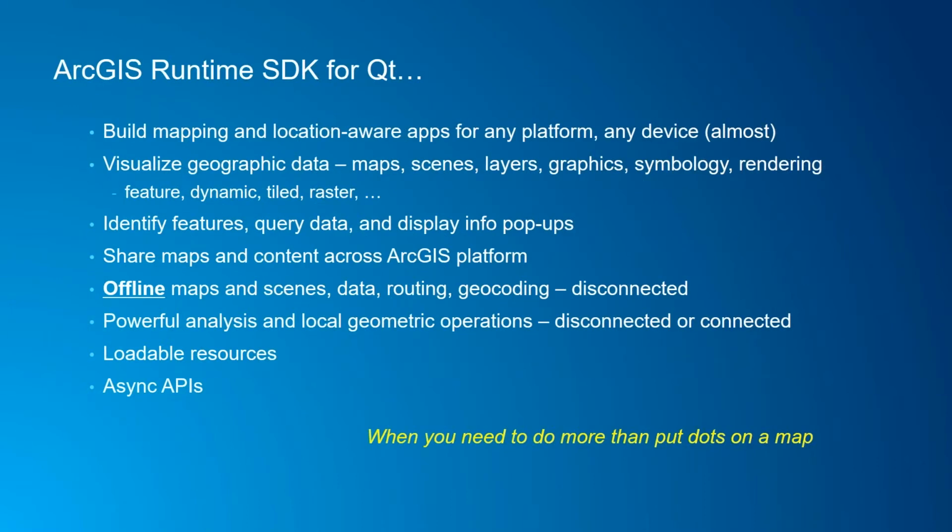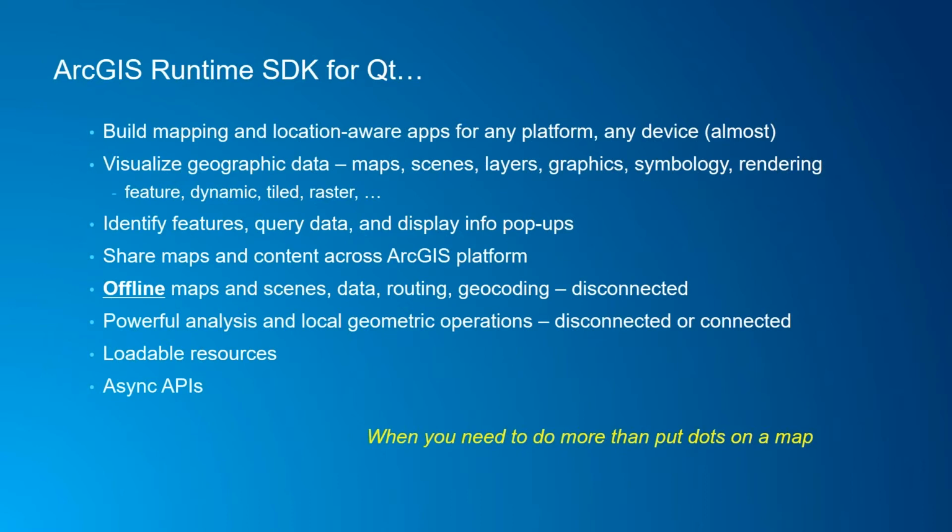So Esri provides a complete mapping, geospatial, and location SDK that is built and extends on top of that Qt framework. This is called the ArcGIS Runtime SDK for Qt product. It provides APIs and resources for building world-class mapping and location-aware applications for any device, leveraging the power of Qt underneath.